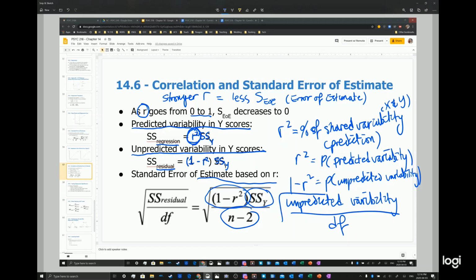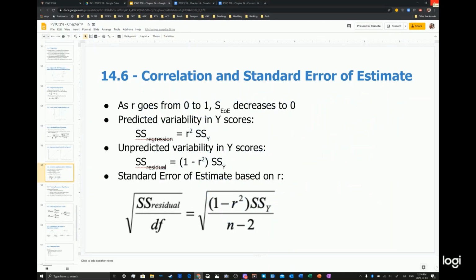And we square root that to get standard error. Again, we're not looking for variance, we're looking for standard error, which is the standard deviation of our theoretical distribution. Well, in this case, our estimate of the regression line.